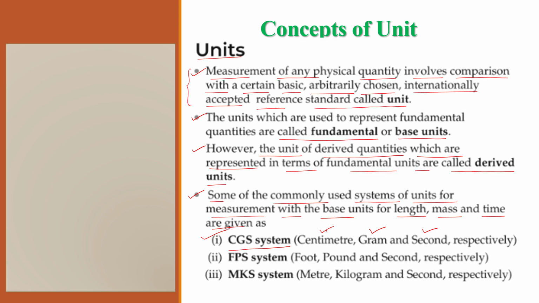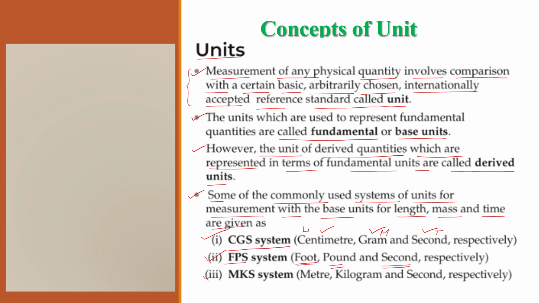Centimeter is for the measurement of length, gram for the measurement of mass and second for the measurement of time. Likewise, in FPS system, for the measurement of length we are using foot, for the measurement of mass we are using pound, and for the measurement of time here we also use second.